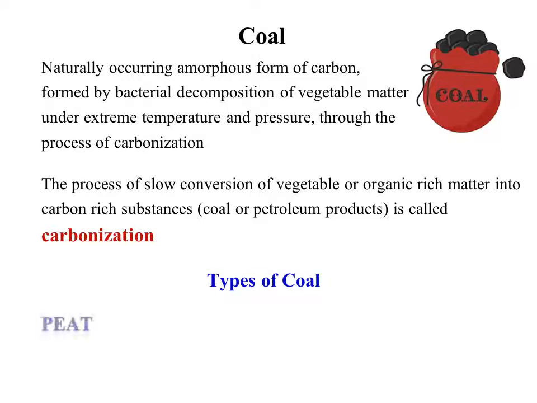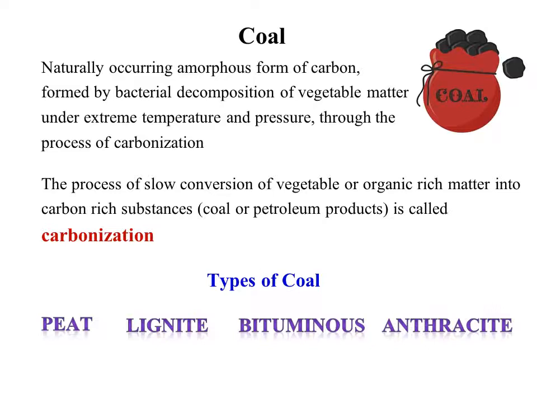The first type is peat. The second is lignite. The third, bituminous. And the fourth, anthracite. So there are four types of coal: peat, lignite, bituminous, and anthracite.